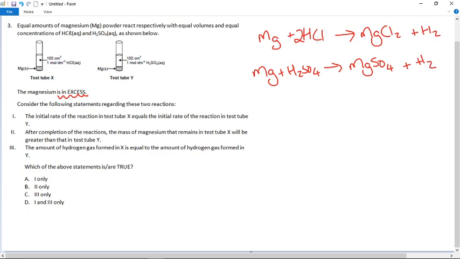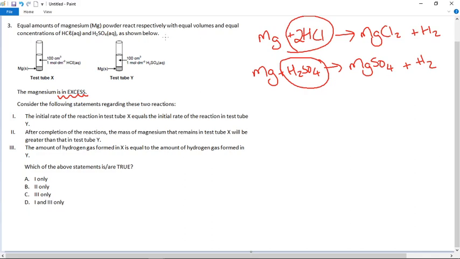So I need 2 moles of hydrochloric acid per 1 mole of magnesium, and I only need 1 mole of sulfuric acid per mole of magnesium. So this is one thing to take into consideration.